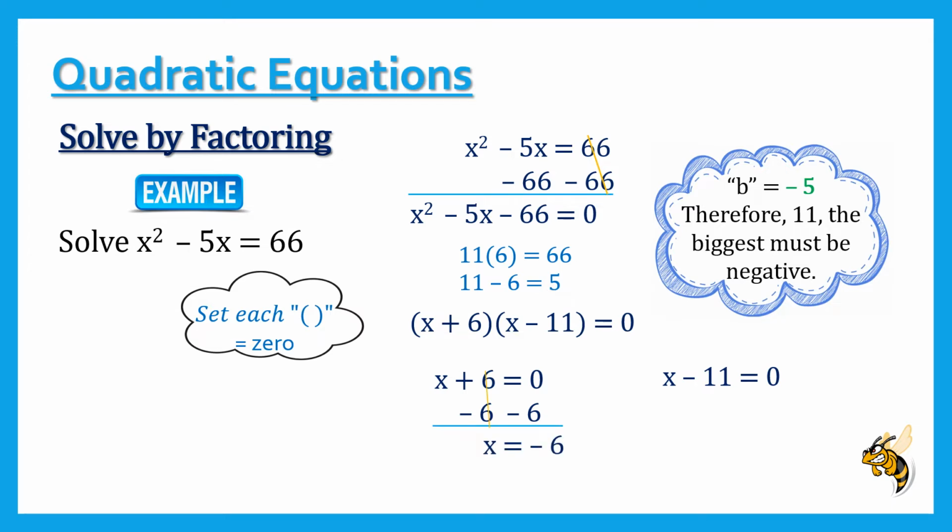So x is equal to negative 6. The opposite of minus 11 is to add 11, so I'm going to add 11 to both sides. x is therefore equal to 11. Now for my final answer, x is equal to negative 6 and 11.